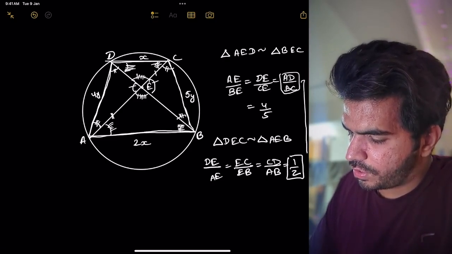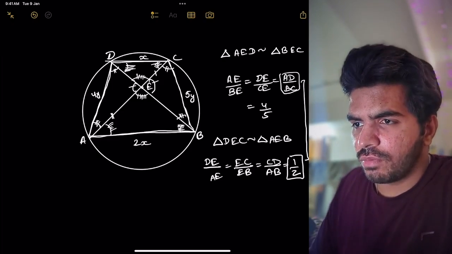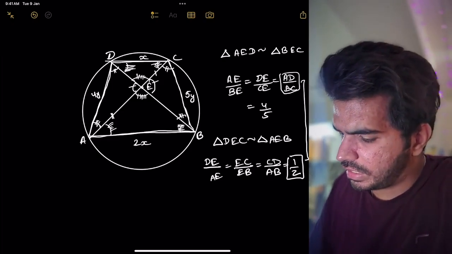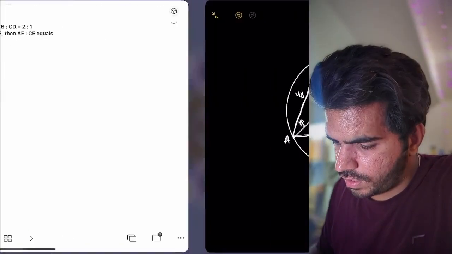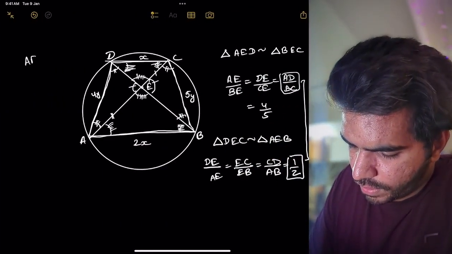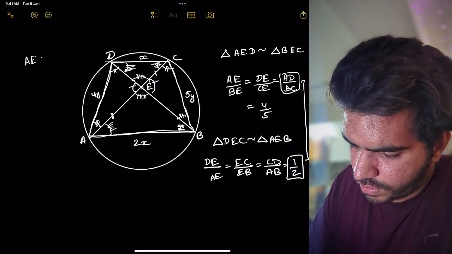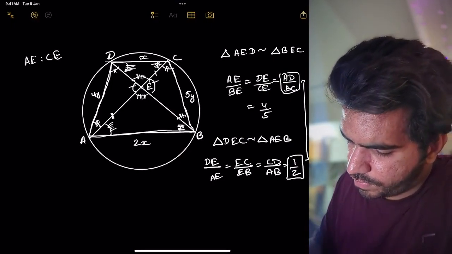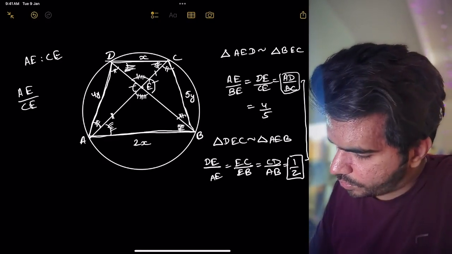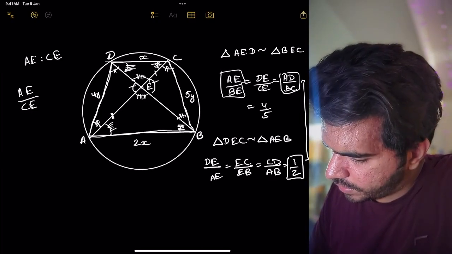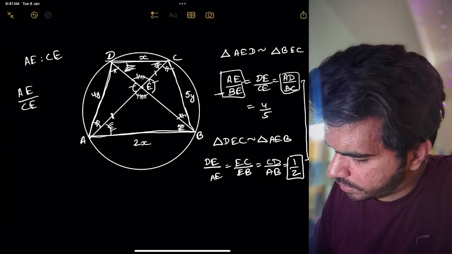Now we'll use both of these to formulate one solution. We have to find out AE to CE. So we need AE upon CE. AE is here in this one, and we need to cancel the BE part.